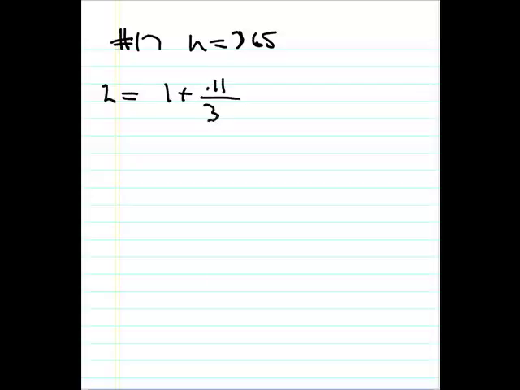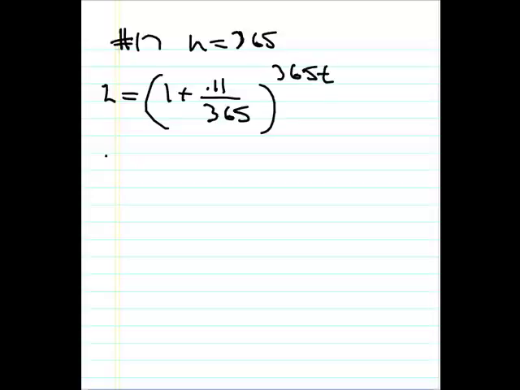Okay, number 17, part C, we are doing daily compounding, in which case n is equal to 365. Okay, so again, we're looking at the doubling time. As it turns out, it doesn't make any difference the amount. So we have 2 times 1 plus interest rate is 0.11 over 365 to the 365 times t.